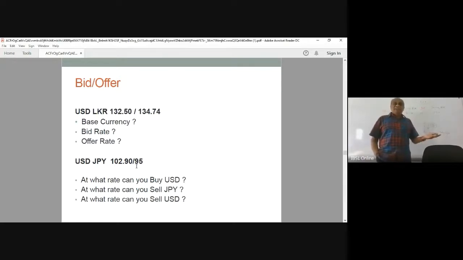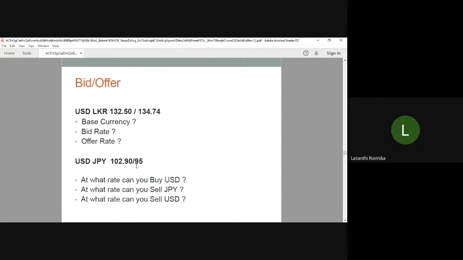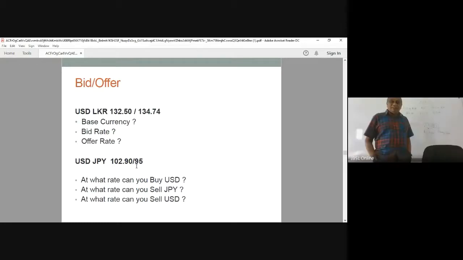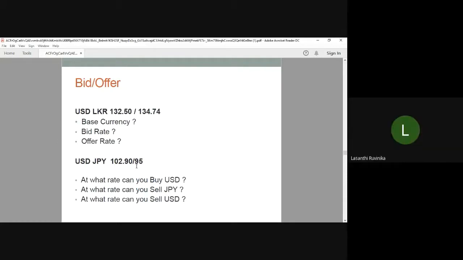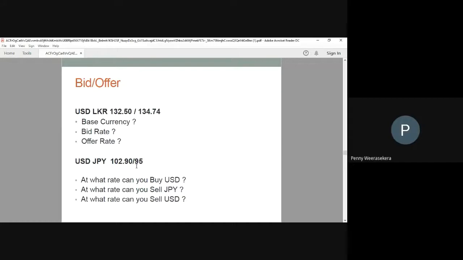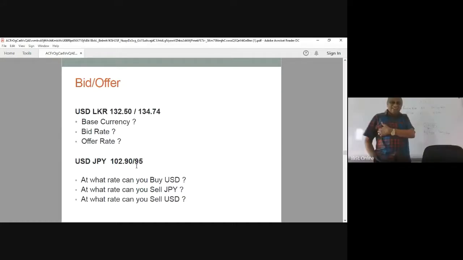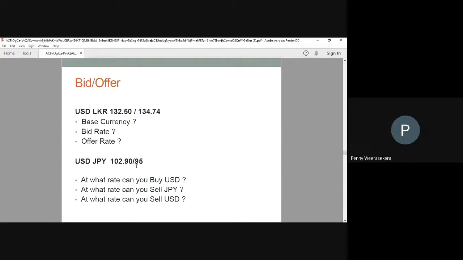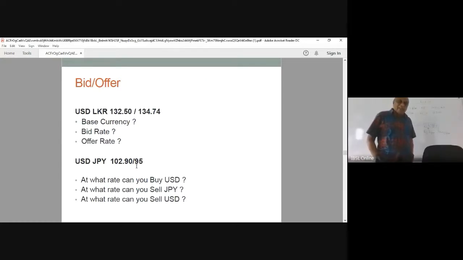At what rate can you sell Japanese yen? You sell Japanese yen and then get dollars. It is like a puzzle. So is it 102.95 or 95? The rate is given as 102.95. 90 and 95.